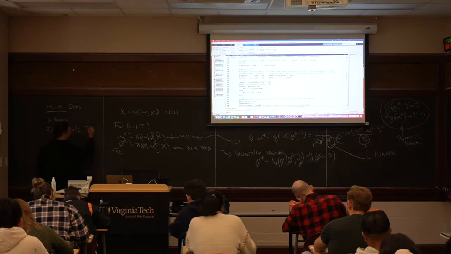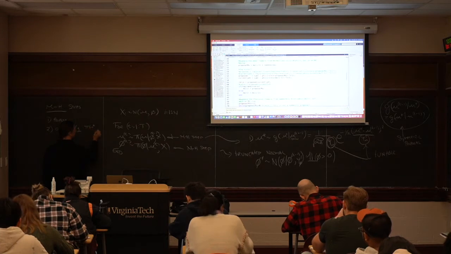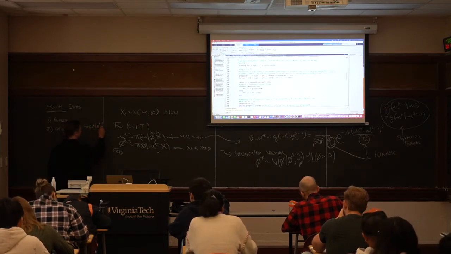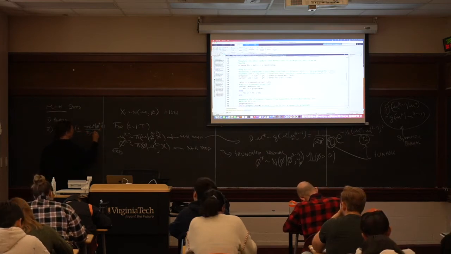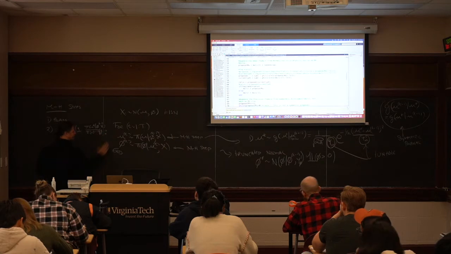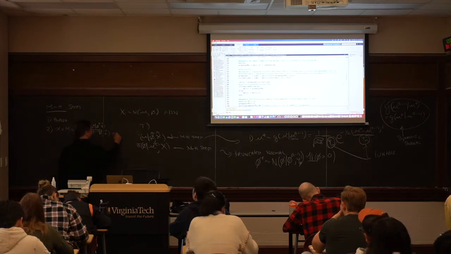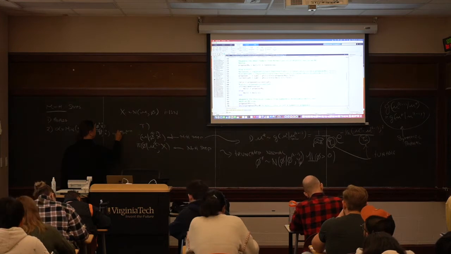My posterior target, I'll say mu star in this example, given v_{t-1} and x, over pi of mu_{t-1} given v_{t-1} and x. And then I can put in my proposals if you would like: mu star given mu_{t-1}.